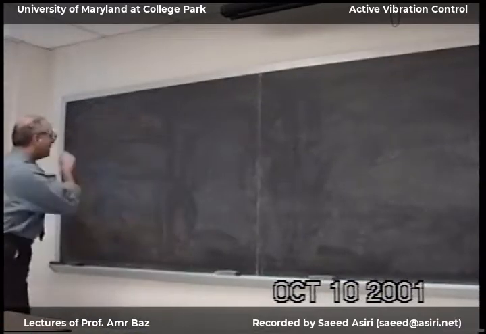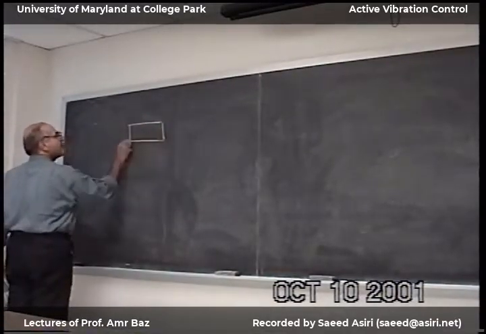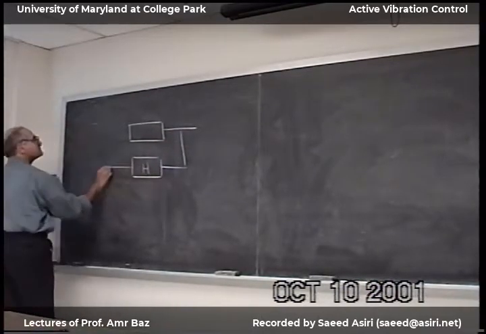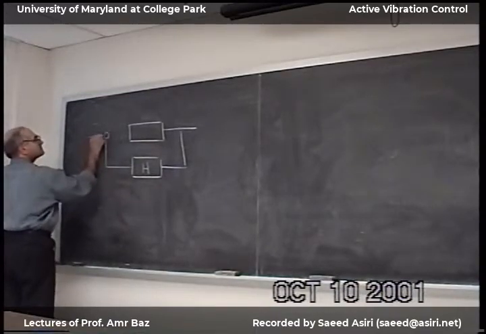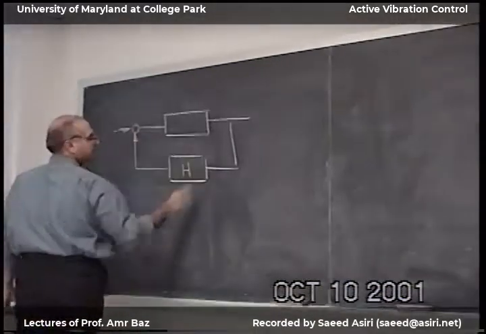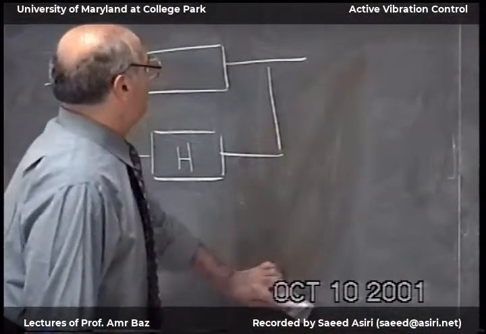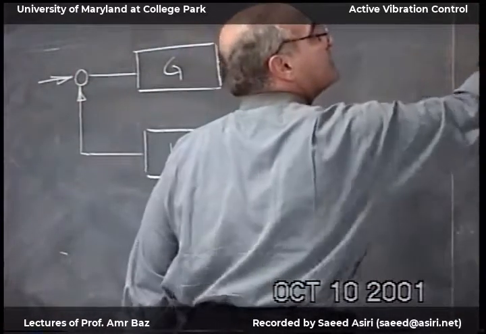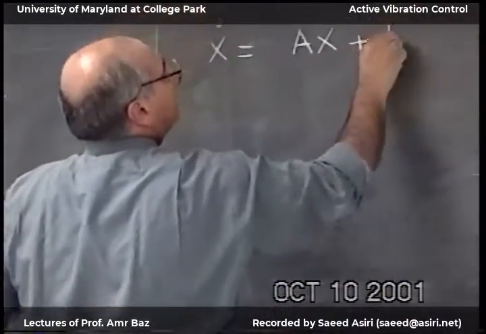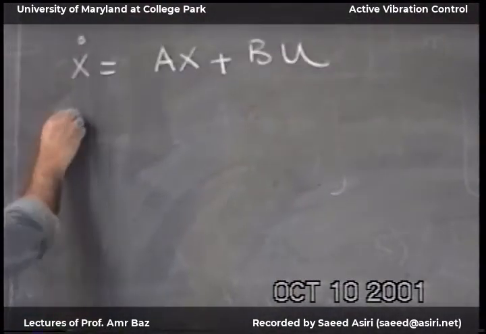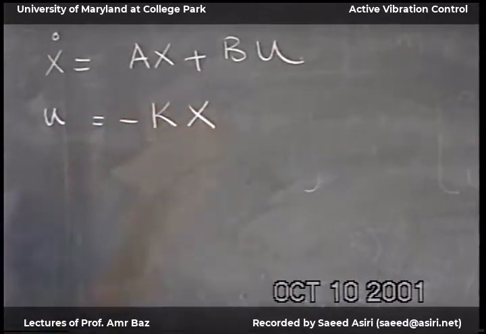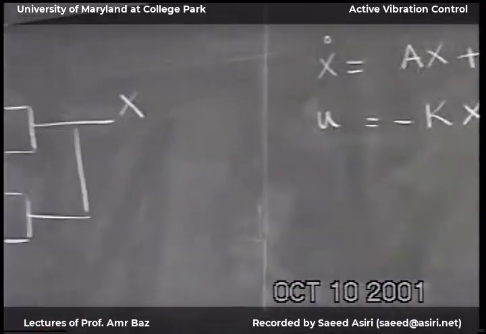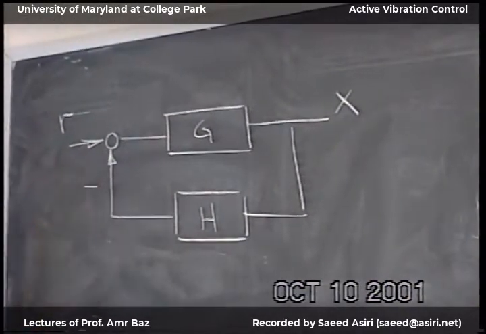Now again, for your question on the open loop and the closed loop, the state space equation again is x dot is equal to Ax plus Bu. And then the u is equal to minus K x. And this is my x, and this is r. And this is negative feedback.